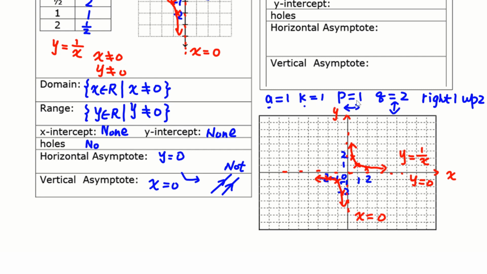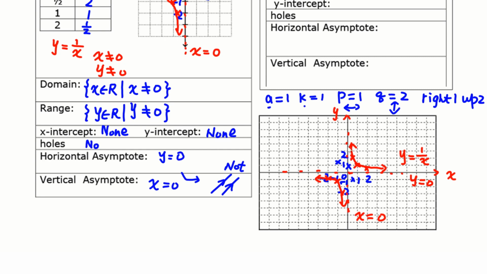Then from this transformation, we know p is left, right, and q is up, down, so all the points will move right one, up two. So right one, up two, right one, up two, right one, up two. And the easier way to graph it is to move the asymptotes first.